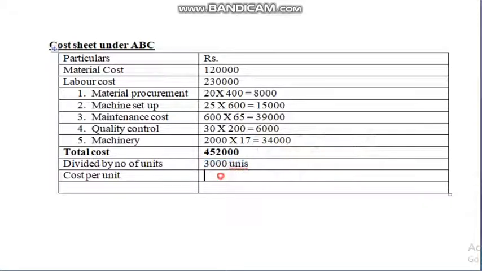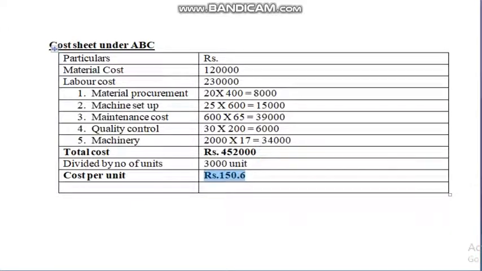The cost per unit will be 150.6 rupees. So the total cost is 4,52,000 and the cost per unit is 150 rupees 60 paisa. This is the solution for this problem.